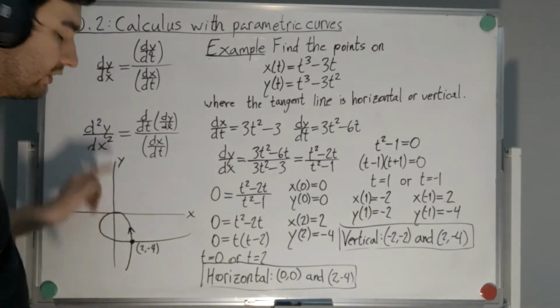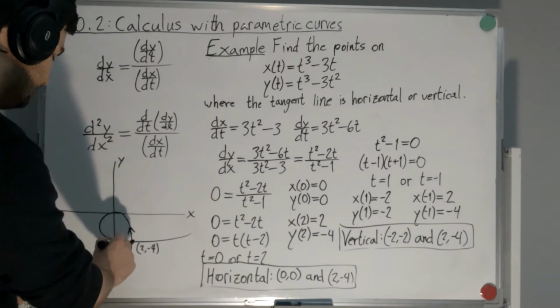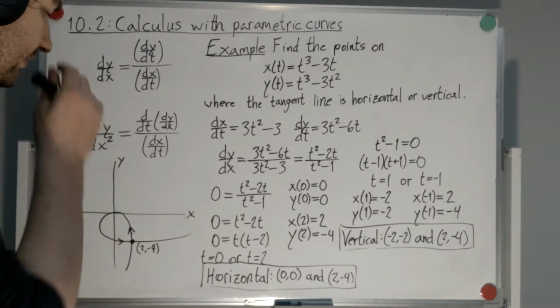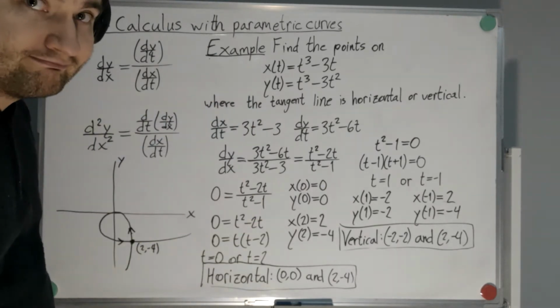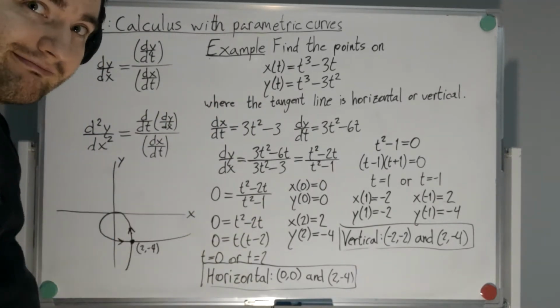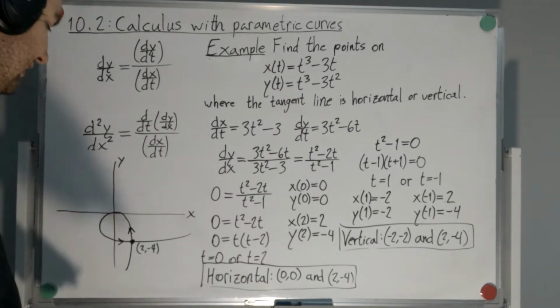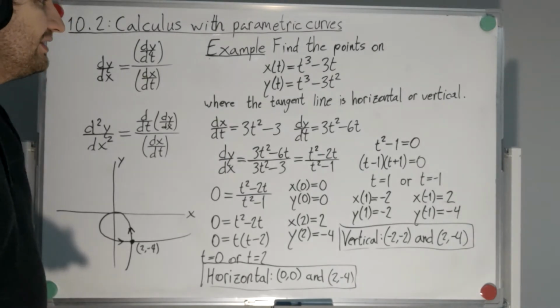So we have a vertical tangent line. Then it comes around, and it hits (2, negative 4) once again when t equals 2. And then it has a horizontal tangent line. Okay? So this can certainly happen. It's a little weird, but this could certainly happen.